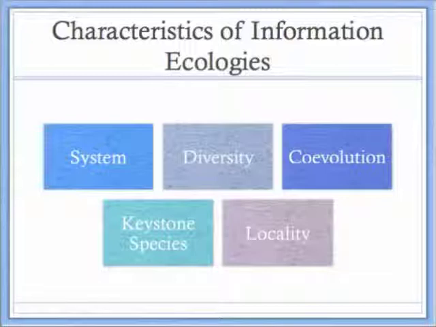However, keystone species are the skilled people whose presence is necessary to introduce and implement the effective use of the technology. So mediators are keystone species who will help build bridges and translate information across different disciplines. And their contributions may not officially be recognised. However, the success of new tools is dependent on these mediators.